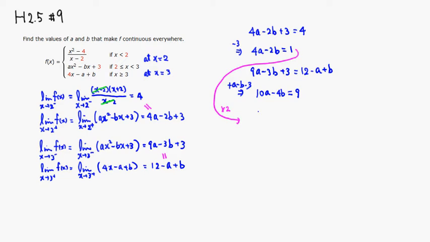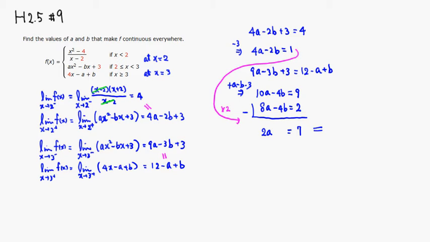So 4a times 2 is 8a, and the negative 2b becomes negative 4b, and 1 times 2 is 2. Then we can just subtract. 10a minus 8a would be 2a, and negative 4b minus negative 4b is 0. 9 minus 2 is 7.